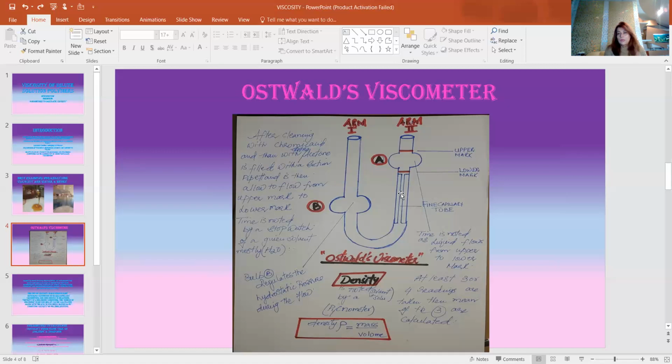You have to be very careful when you are doing the adjustments regarding the capillary position. It is supposed to be vertical, because you are doing a very sensitive analysis, that is, you're calculating the flow of the liquid when it starts flowing from the upper mark to the lower mark. Fine, let's jump to the next slide.